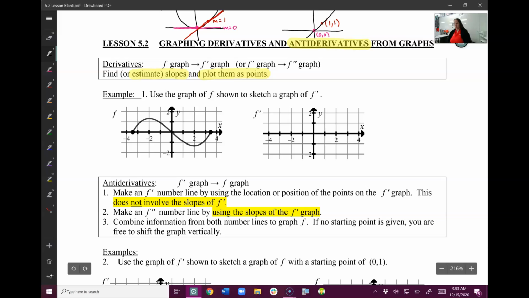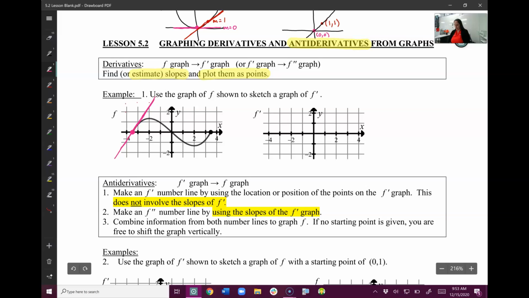So let's try this in example 1. Here's my original, and I'm going to start to guesstimate some slopes to graph the derivative. So let's start right here at this point, negative 3.5. If I guesstimate this tangent line, it looks like it's going up 1, 2, 3, 4 over 1, 2.